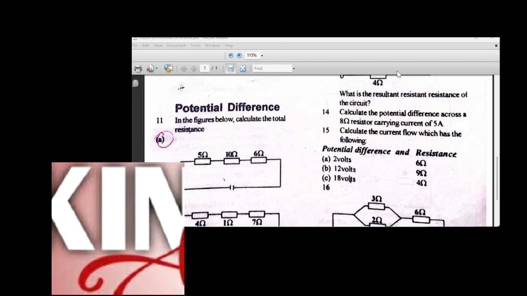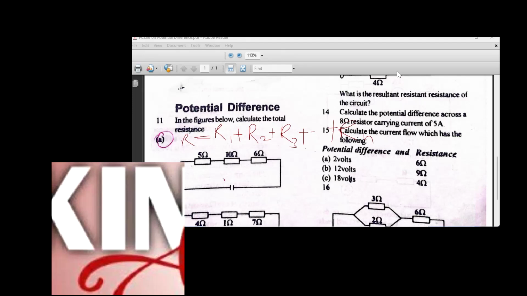So we're looking at the total resistance, figures A and B. Remember, we established earlier that the total resistance R in a series connection is given by R1 plus R2 plus R3 plus up to Rn.